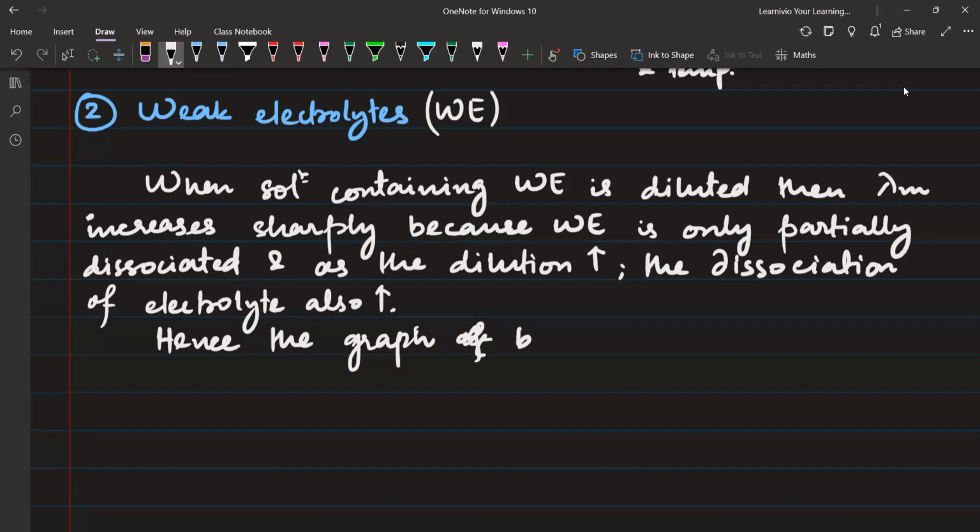Hence, the graph between lambda m versus root c is not linear.